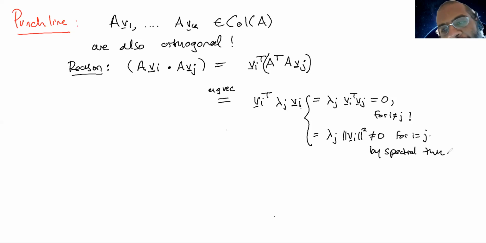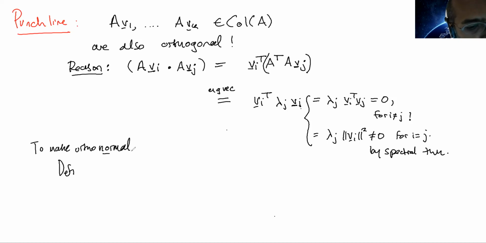So to make it orthonormal, I just need to scale them. I'm going to define some new vectors, U1 to be just this vector, but now a unit vector.